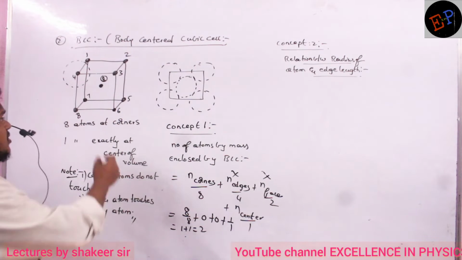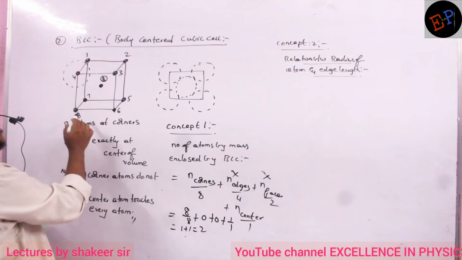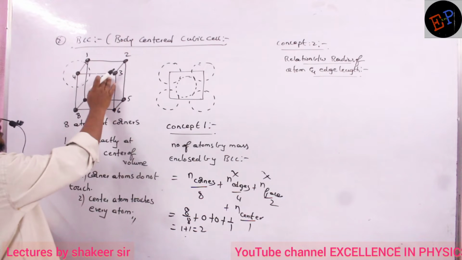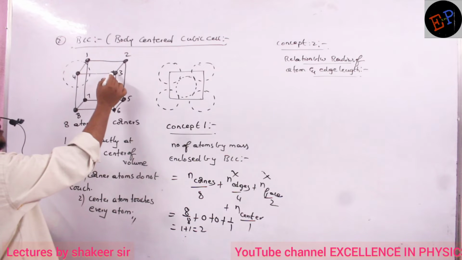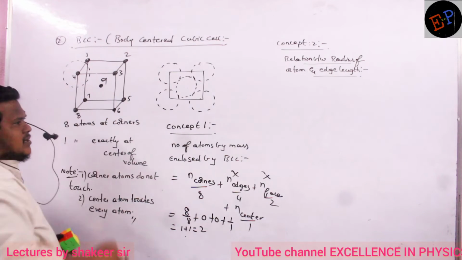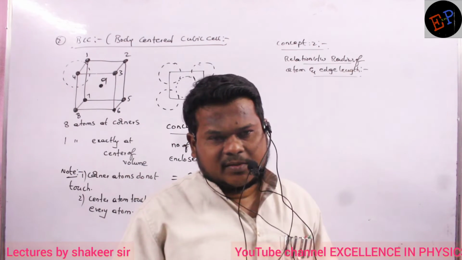So 1, 8, 6 are in a straight line. Similarly, 8, 9 and 2 are in a straight line. Are you able to understand what is happening?